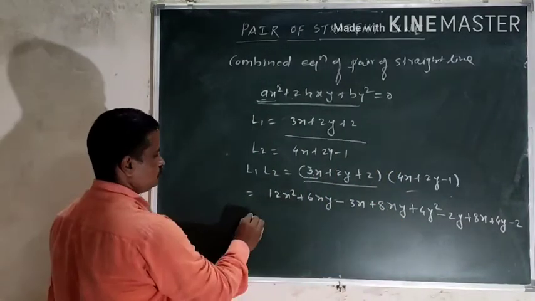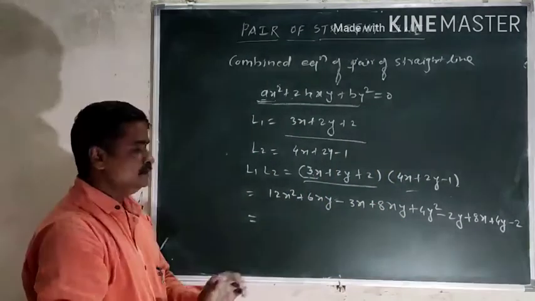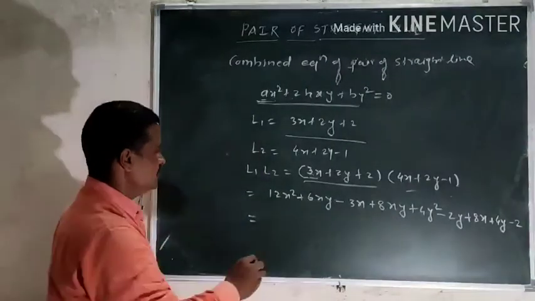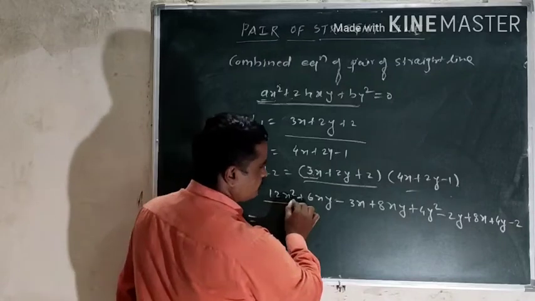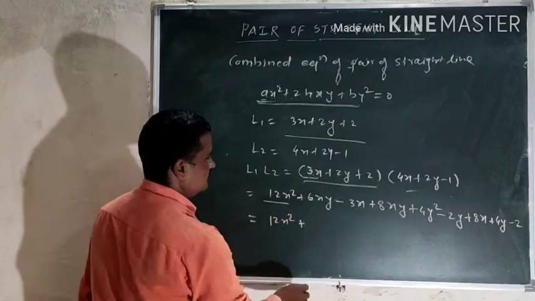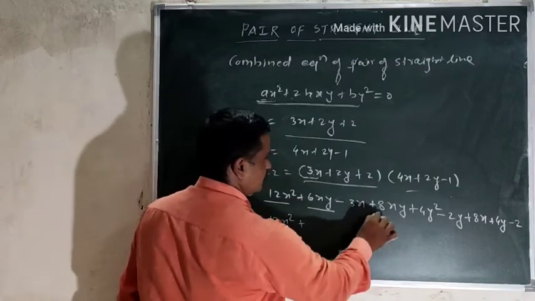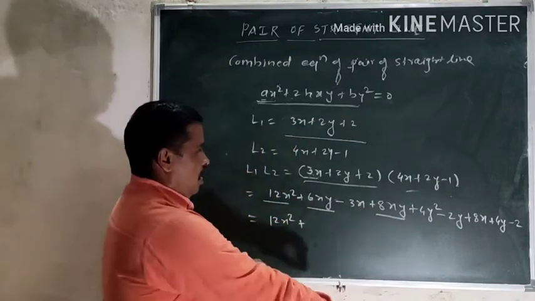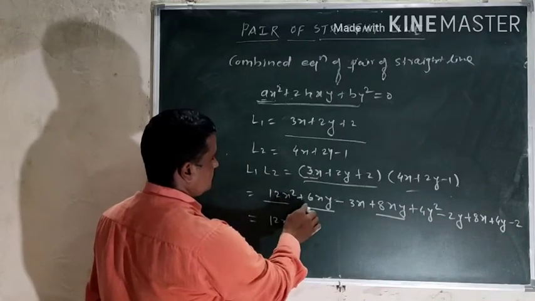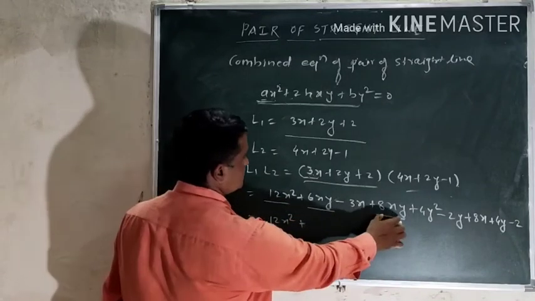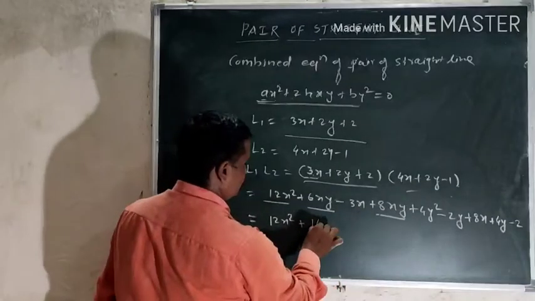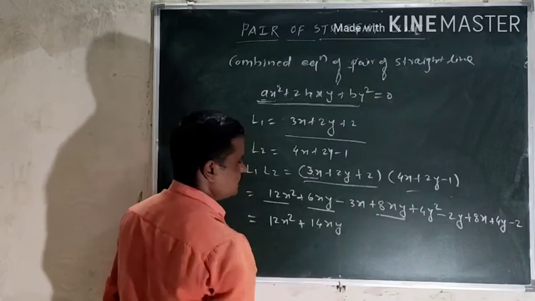So add the like terms. Write down 12x square, then 6xy plus 8xy is equal to 14xy.